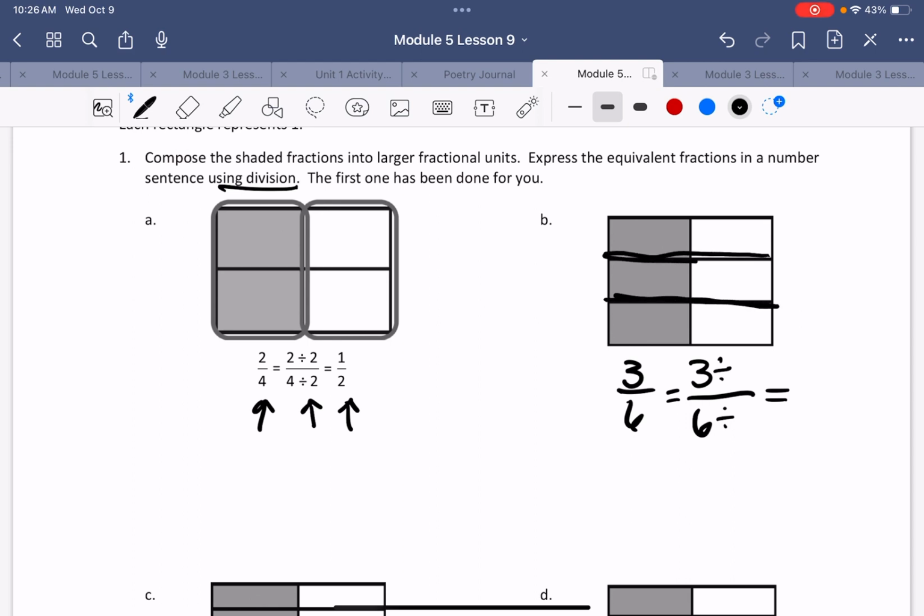They broke it into 3 parts. So if we say 3/6 divided by 3, we would get 3 divided by 3 is 1, and 6 divided by 3 is 2. So we would have 3/6 equals 1/2.